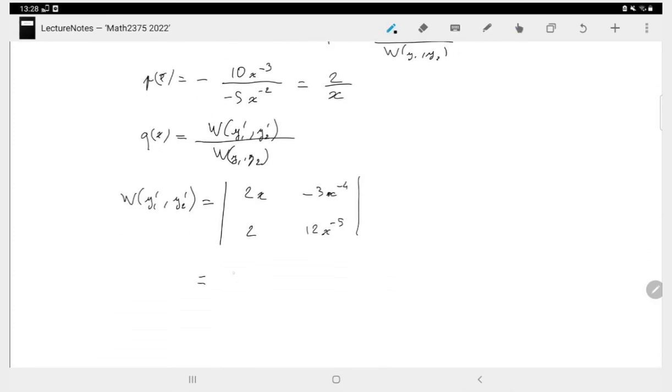Going on with this calculation, our Wronskian then becomes 24x to the minus 4 plus 6x to the minus 4, which is 30x to the minus 4. Okay, so that's our Wronskian of prime quantities. So what we get here is 30x to the minus 4 divided by our usual Wronskian, which is minus 5x to the minus 2. And so the result is minus 6x to the minus 2.